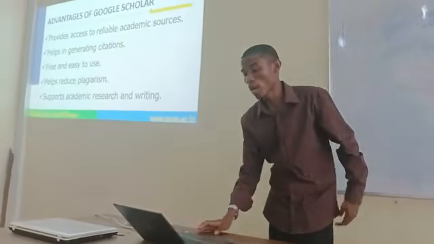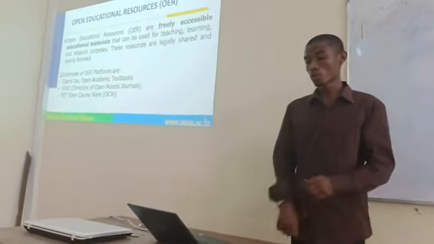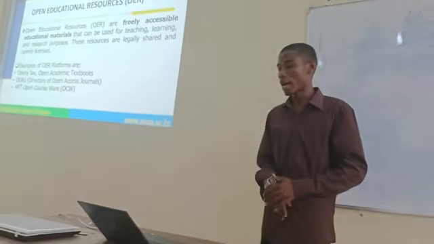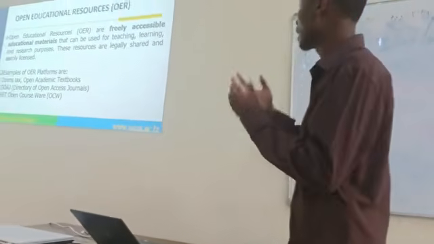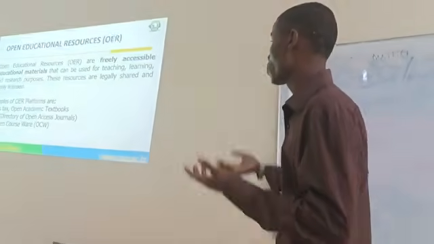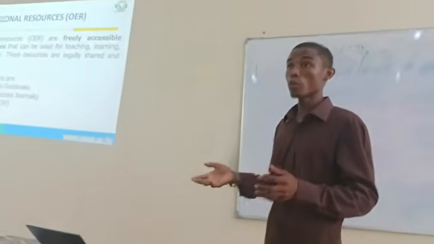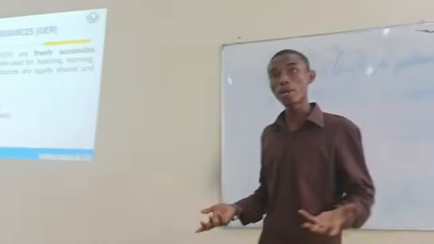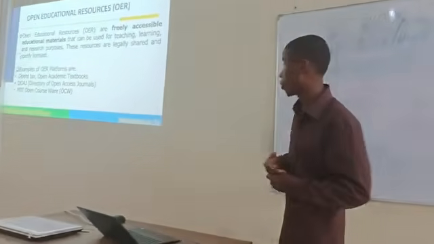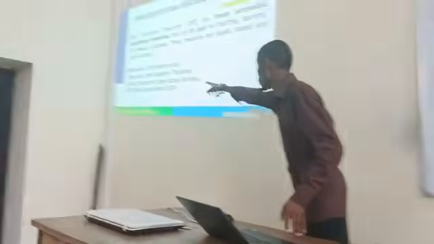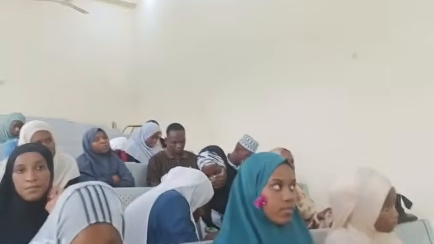Another thing we are going to discuss here is open educational resources. Open educational resources are freely accessible educational materials that can be used for teaching, learning, research and other purposes. An example is open text academic books, like in the library, where we get different books to increase our knowledge.